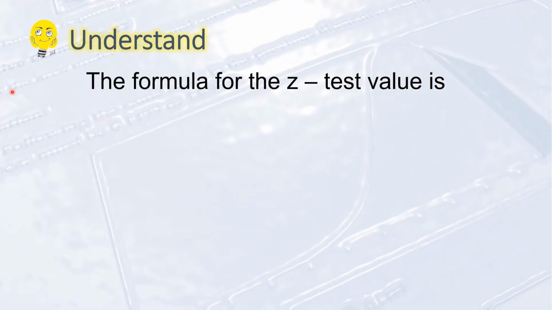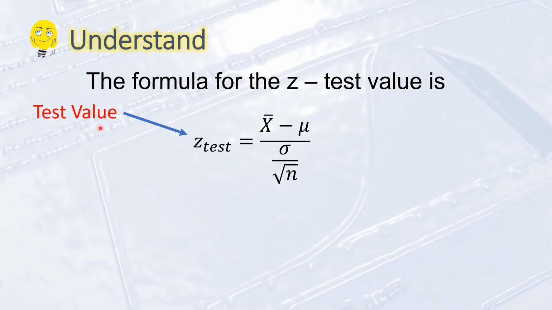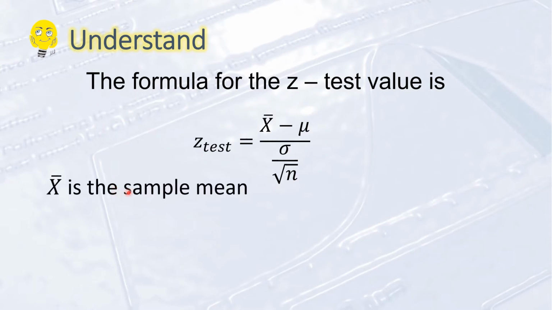The formula for z-test value is given by z is equal to x bar minus mu all over lowercase sigma divided by the square root of n. The z-test is our test value. X bar is the statistic or the sample mean. And based on the general formula from the previous slide, this is our observed value.